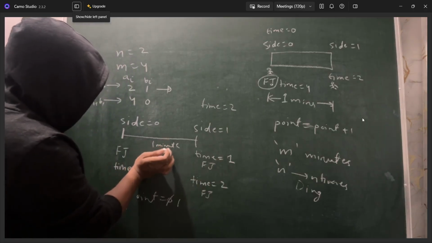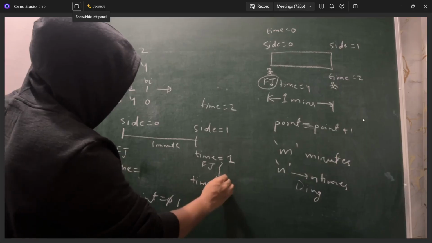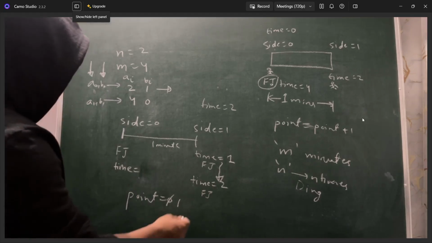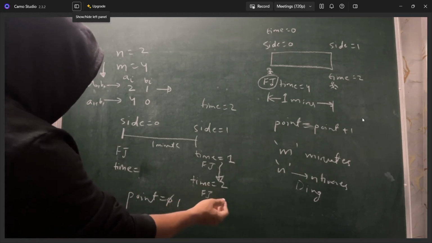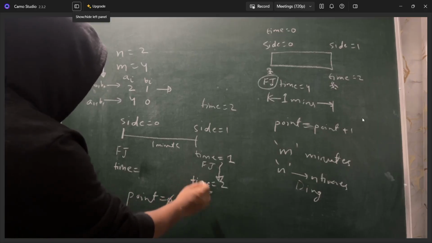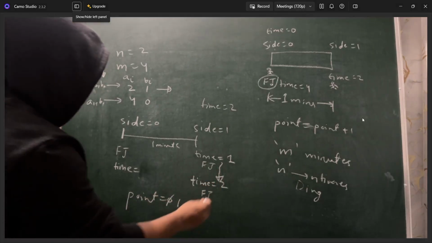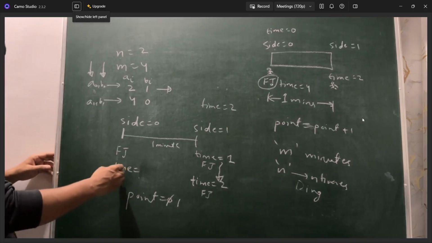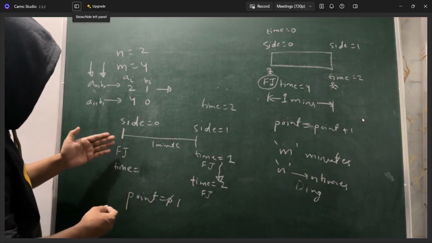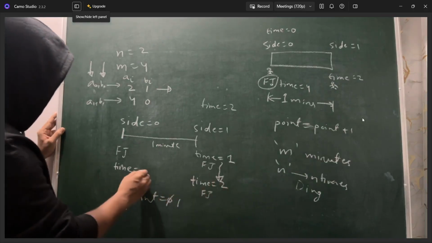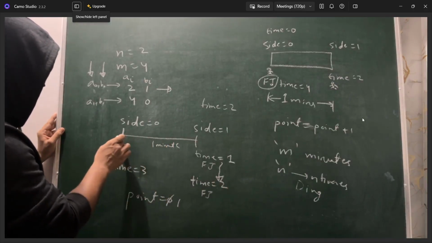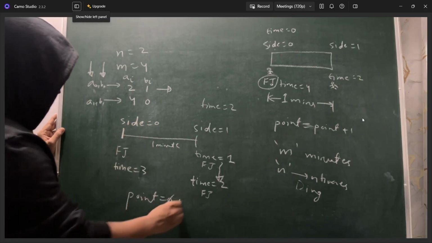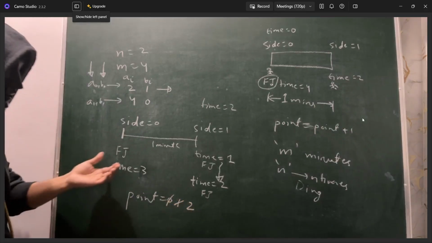So whenever time is 2, like the bell rings, he has met the requirement. When time is 2, he was at side 1. So now he can move to the other end of the gym. When he moves from 2 to 3, he requires 1 minute to travel. So at time t equal to 3, he is at side 0, and he has gained 1 more point.